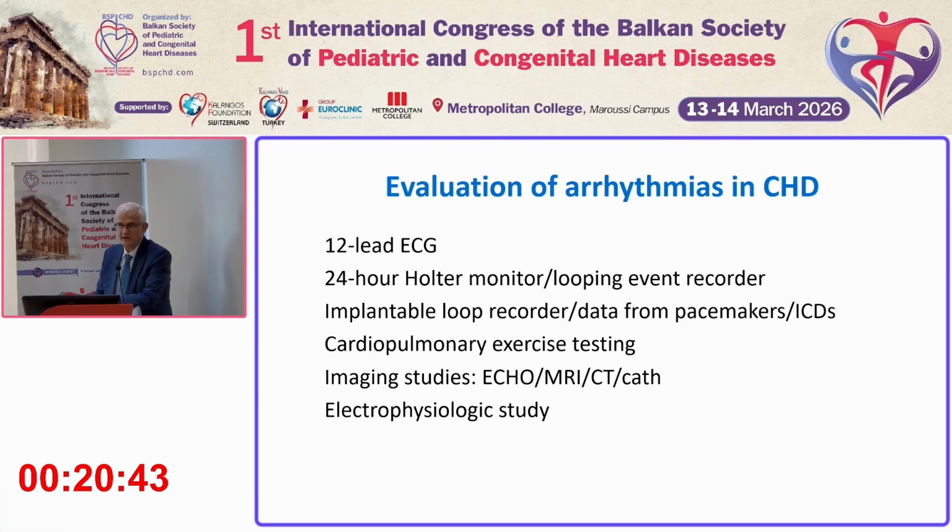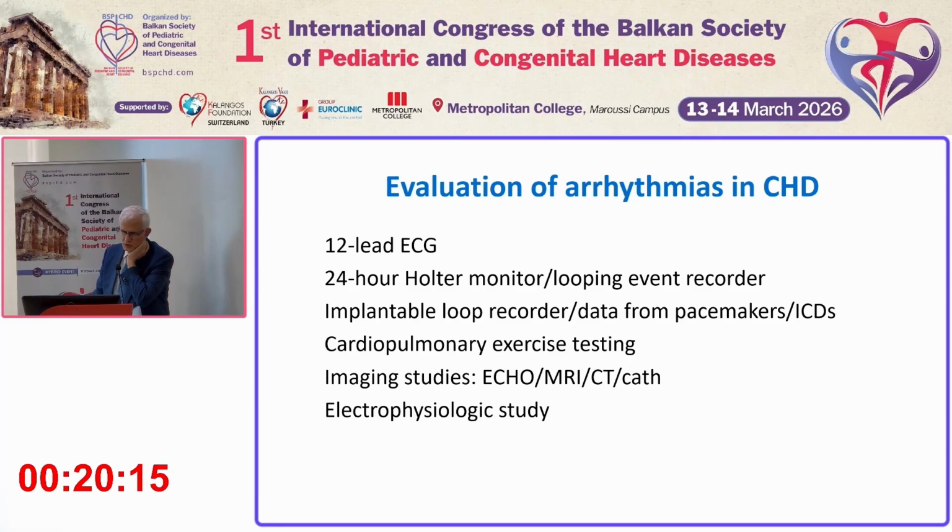So how do we evaluate patients with congenital heart disease and arrhythmias? The easiest test available to everybody is a 12-lead ECG, along with longer monitoring, such as Holter or looping event recorders, and nowadays with implantable loop recorders and data from pacemakers or ICDs.